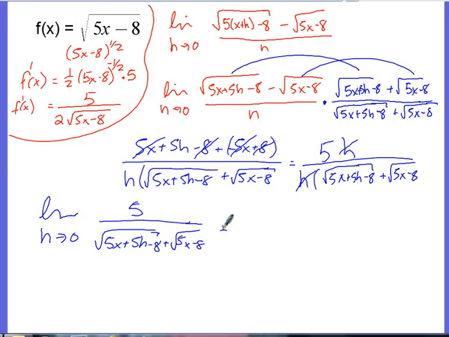Can I plug in my h now? Yeah, technically, because the only thing that's going to zero out is that. And so do you see something? You're left with the radical of 5x minus 8, plus the radical of 5x minus 8. Isn't that 2 radicals of 5x minus 8?